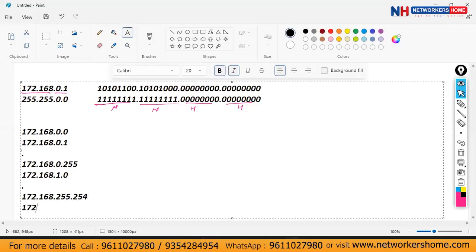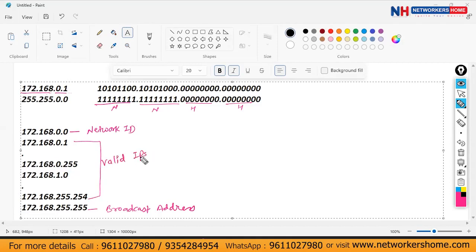And the last address would be 172.168.255.255. Again, the first address will be reserved for the network ID, the last address will be reserved for the broadcast address, and all the IPs in between are valid IPs. These IPs you can assign to your nodes.